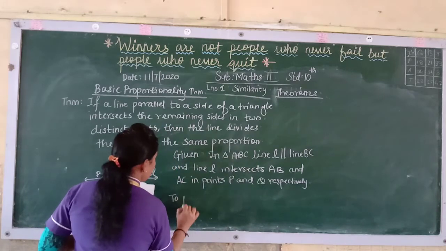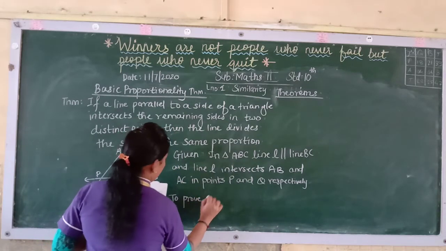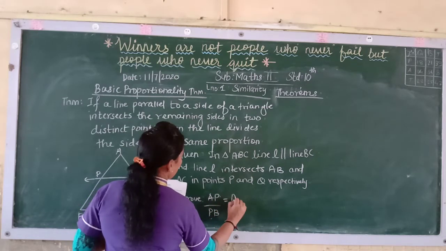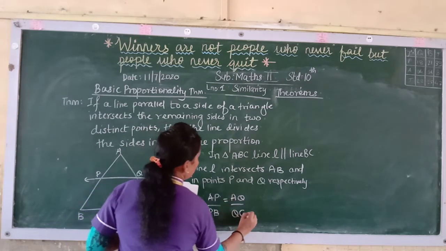So to prove is AP upon PB is equal to AQ upon QC.